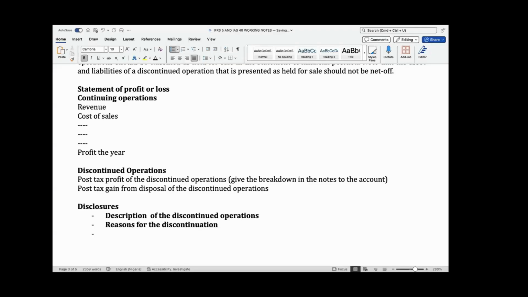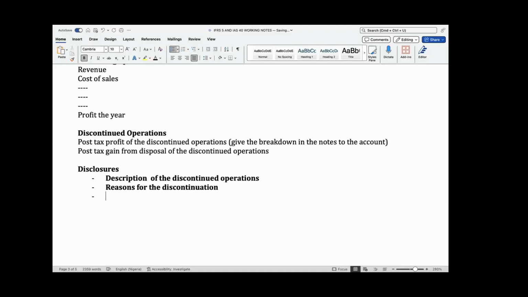And also, if there are any additional costs incurred as a result of the discontinuation, you need to present that separately. You need to disclose it to us. Let us know any cost you incur because of this discontinuation.